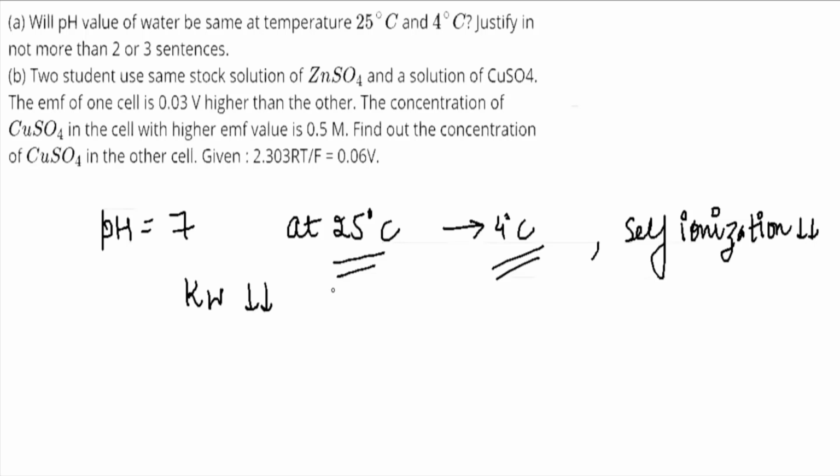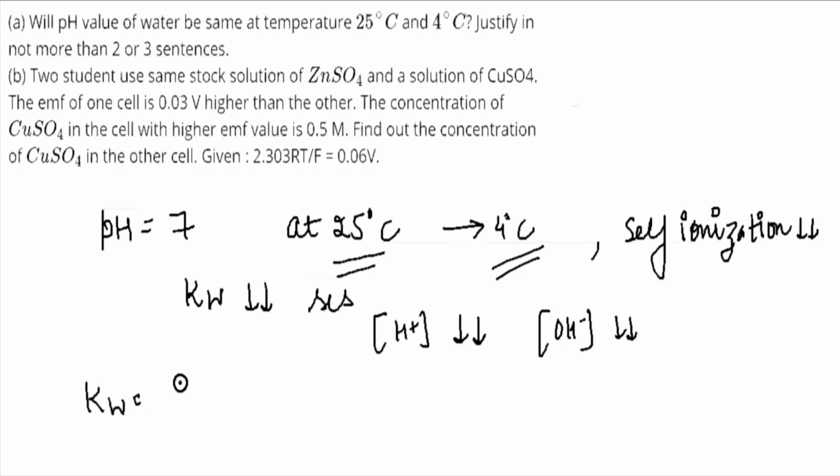Kw is the ionic product of water. So when we decrease the temperature, the ionic product decreases, and the concentration of H plus ions will also decrease, as will the OH negative ions, because Kw is equal to the product of H plus ions and OH negative ions.